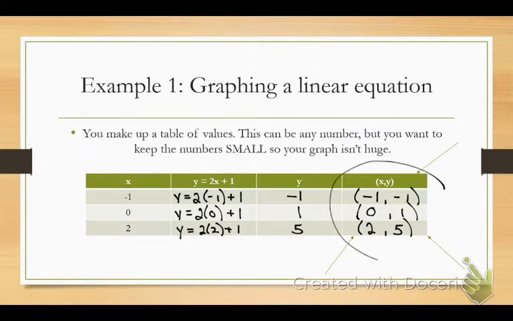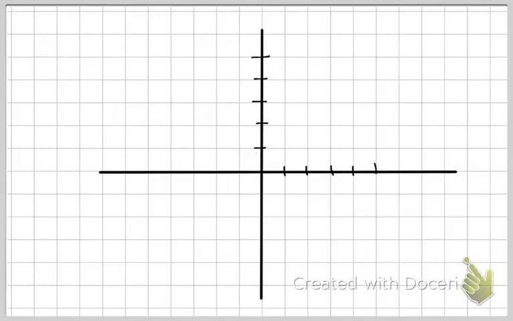Now these ordered pairs are what we're going to take and graph. So I want you to get out a sheet of graph paper. It's important for us to practice at least a couple of these. Go ahead and get out a sheet of graph paper, and we're going to graph this linear equation. I'm just over here setting up my graph, and hopefully you are setting up your graphs.